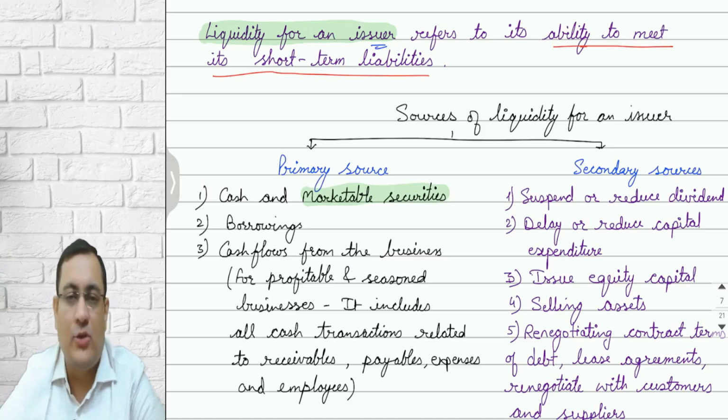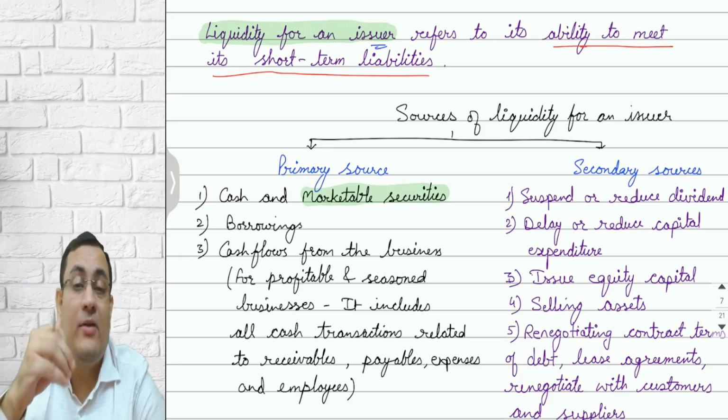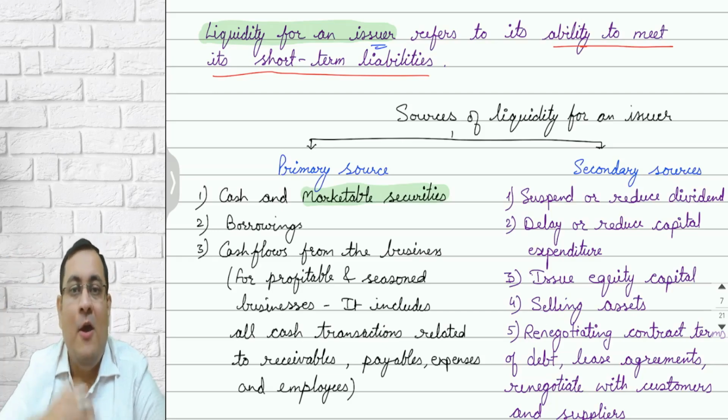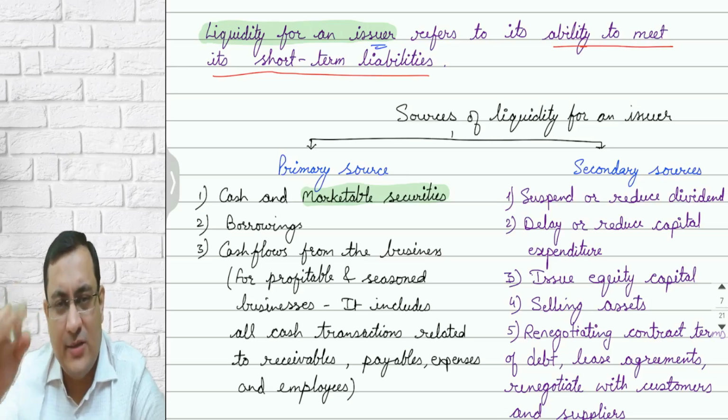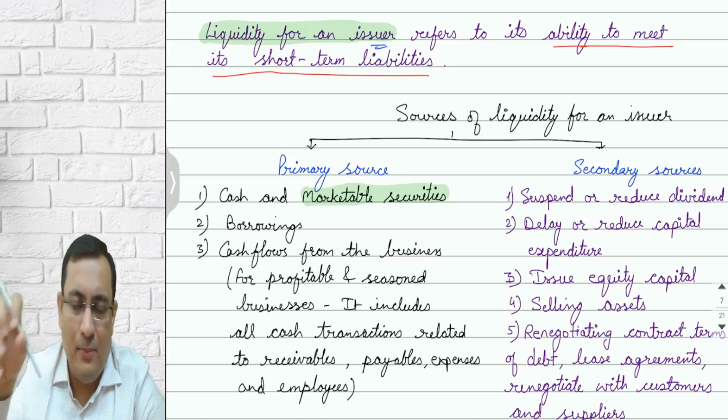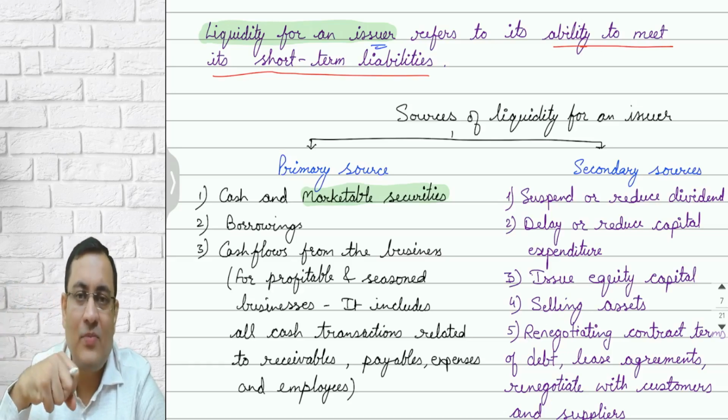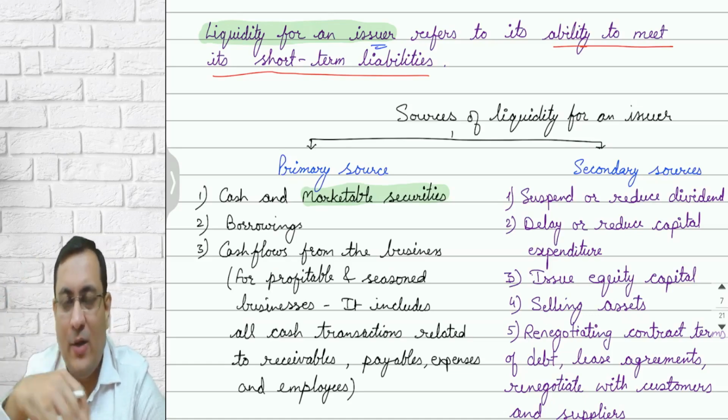The third primary source the business will use is the cash flow generated from operations. We are doing business transactions: purchases, production, sales, employing workers, marketing, all types of activity.